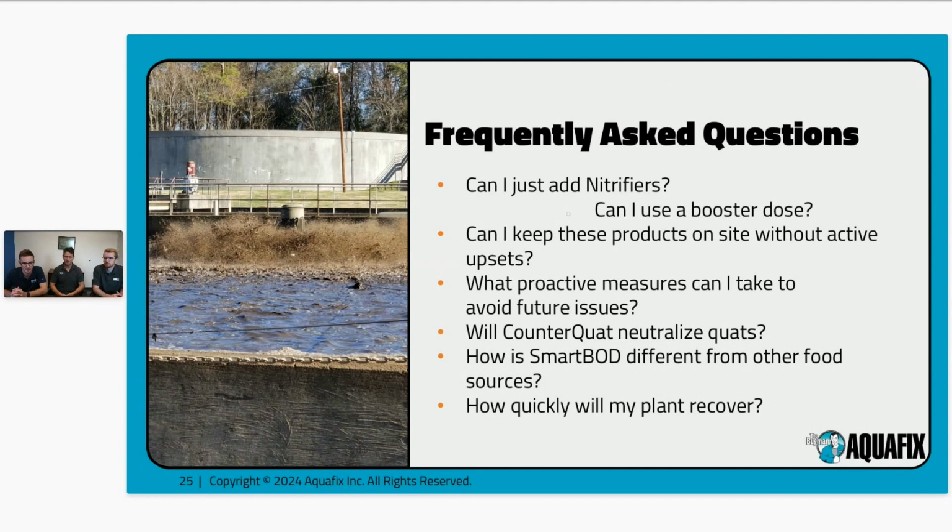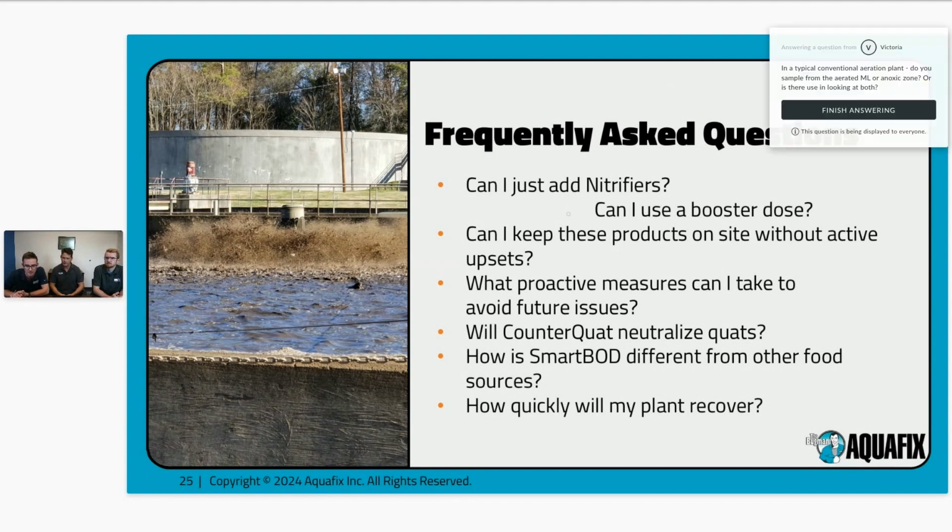Let's go through some questions here. We got: in a typical conventional aeration plant, do you sample from the aerated mixed liquor or the anoxic zone? Or is there conventional activated sludge, not aeration? Yeah, so whenever you're taking samples, whether sending them to us or just putting them under the microscope, ideally you want to take from a place where your biology is most active.